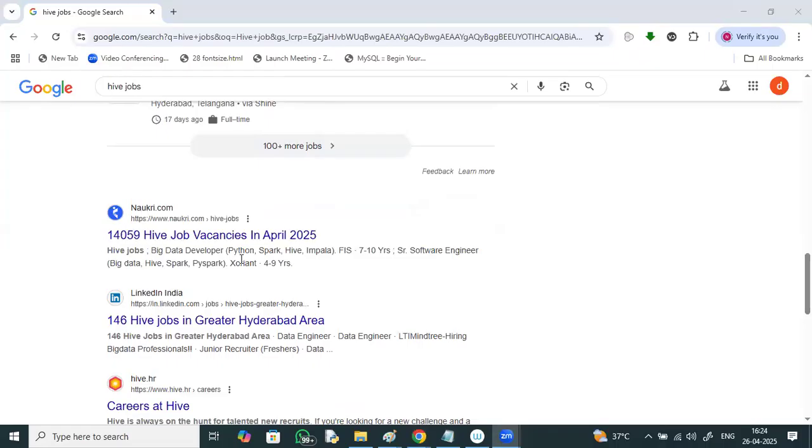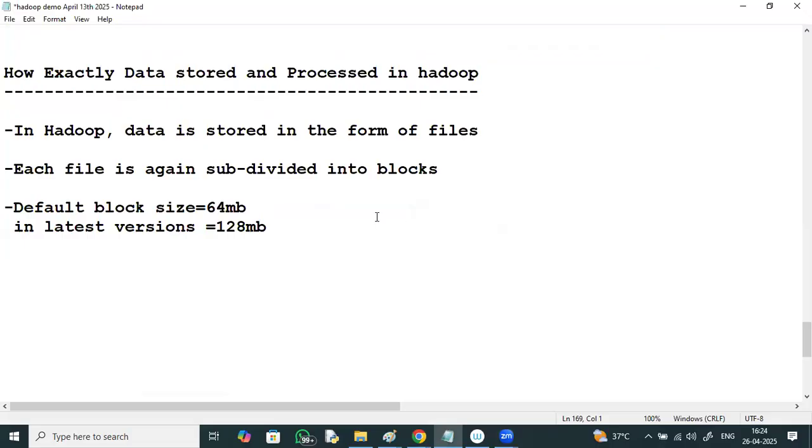Thousands of jobs in Hive, which is one of the components of Hadoop, right?